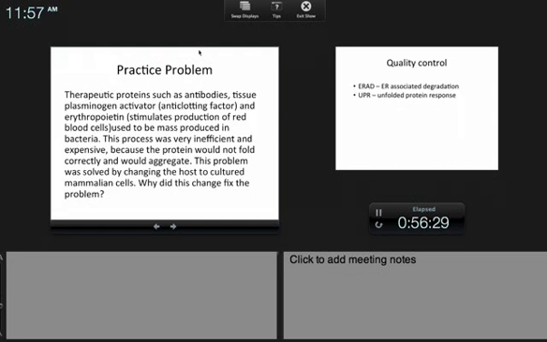Could it be possible to put microsomes into the bacterial cells in order to process? Okay, so the question is, can you put microsomes into bacterial cells in order to convert them into good therapeutic protein making machines? You know what?